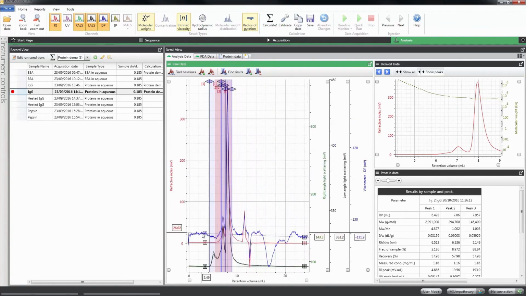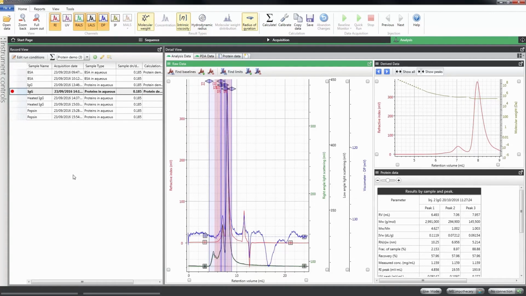Now I'm not quite happy with my intrinsic viscosity baseline there, so I'm just going to drop that down a bit. I can pick up any one of these baseline points and move it to wherever I please, so obviously we can make it go silly, or I can just lower it down a bit more to what I think is a more appropriate baseline value there. And again, very similar results there, so let's move on to our heated IgG sample.